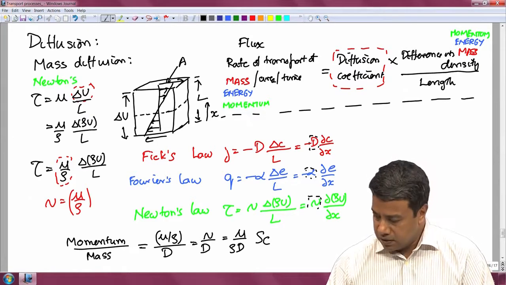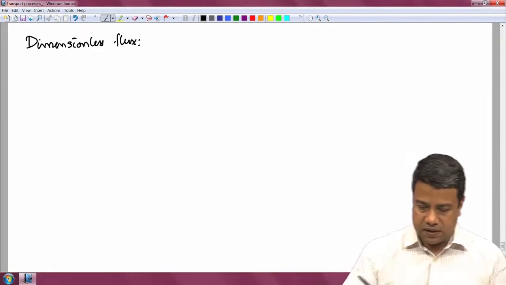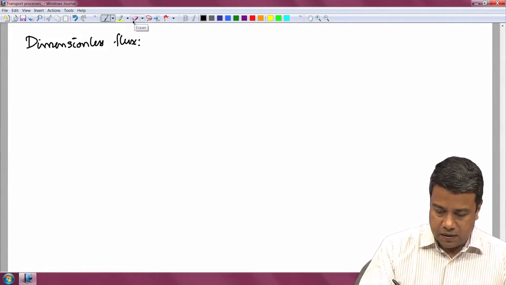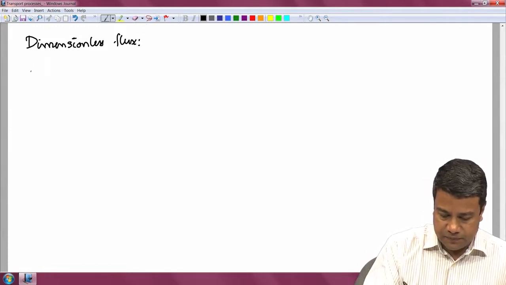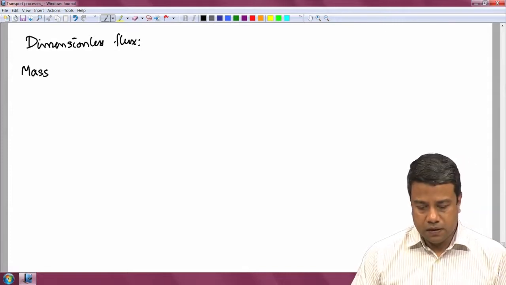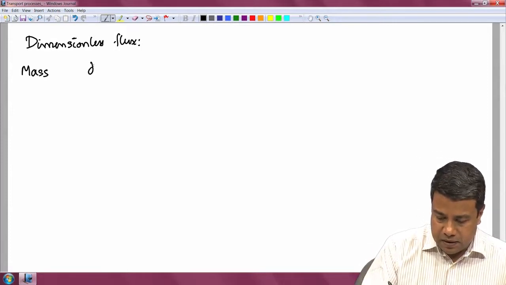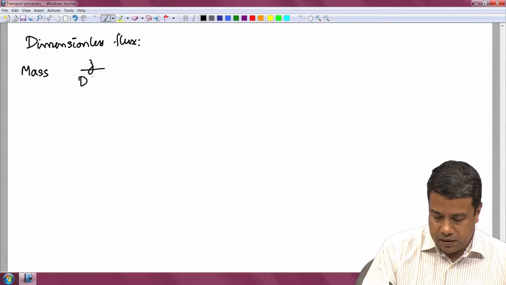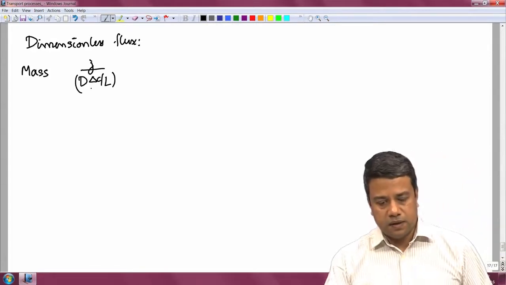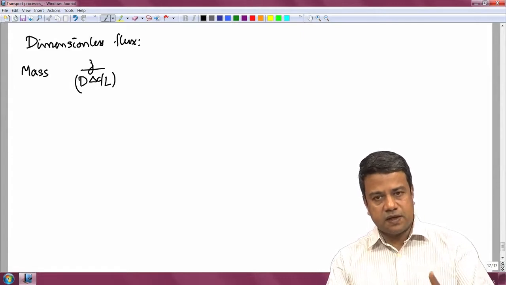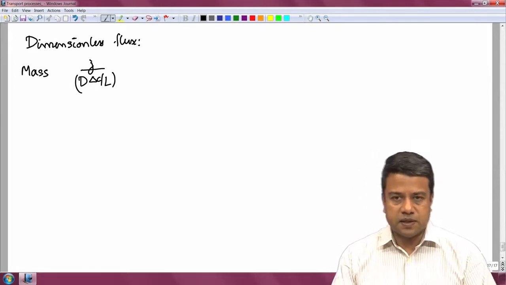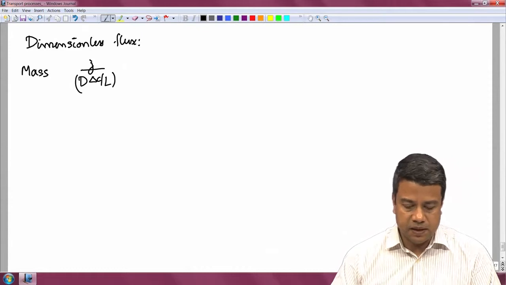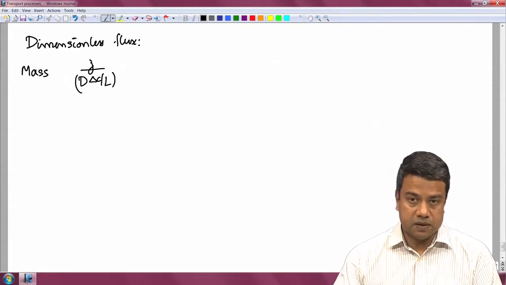So, the dimensionless flux in this case, for mass transfer, will just turn out to be J by d delta C by L. Because I know that d times delta C divided by a distance has to have the same dimensions as J. So, J by d delta C by L will be a dimensionless group.